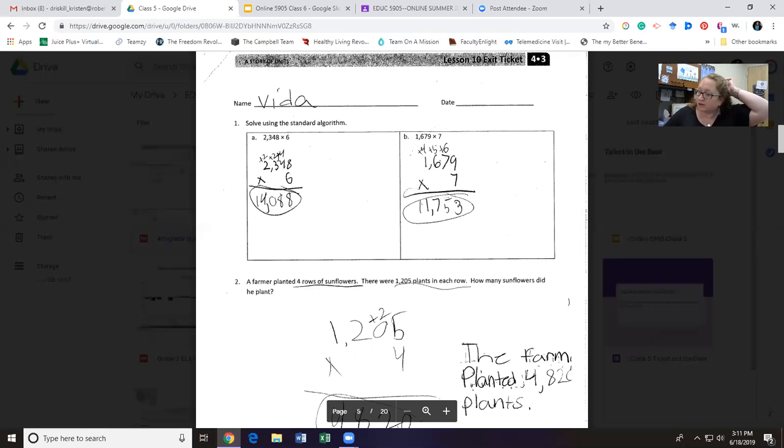I might also predict that students might confuse prime and composite, because that's kind of hard to remember if you think about it. And maybe some students would struggle with the 2-digit by 2-digit numbers because of having to line up, using place value. Those are just my predictions. You might have different ones.